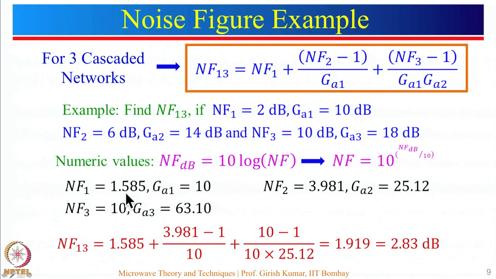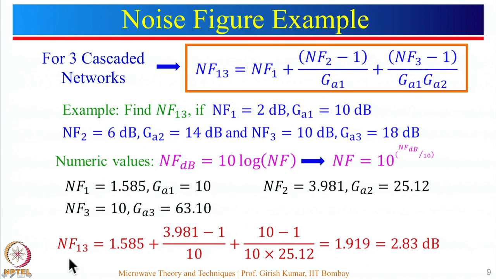NF1 comes out to be 1.585 corresponding to 2 dB, GA1 comes out to be 10. For NF2, 6 dB, NF2 is approximately 4, but the real value is 3.981. GA2, 14 dB, comes out to be 25.12, and similarly NF3 and GA3 are given by these values.